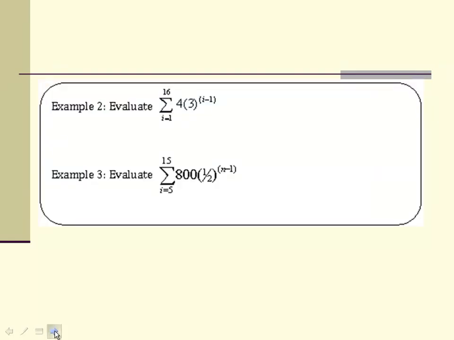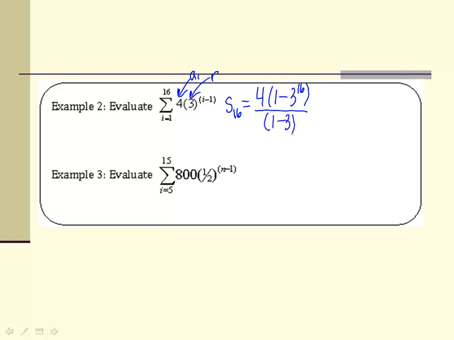We want to evaluate this from i equals 1 through 16 of 4 times 3 to the i minus 1 power. So again, this first number, there's our a sub 1. That 3 is our rate. So let's use our formula. So we want S sub 16, because there's 16 terms here, equals our a sub 1, which is 4, times 1 minus our rate, which is 3, raised to the 16th power, because that's how many terms there are, and divide it by 1 minus our rate.